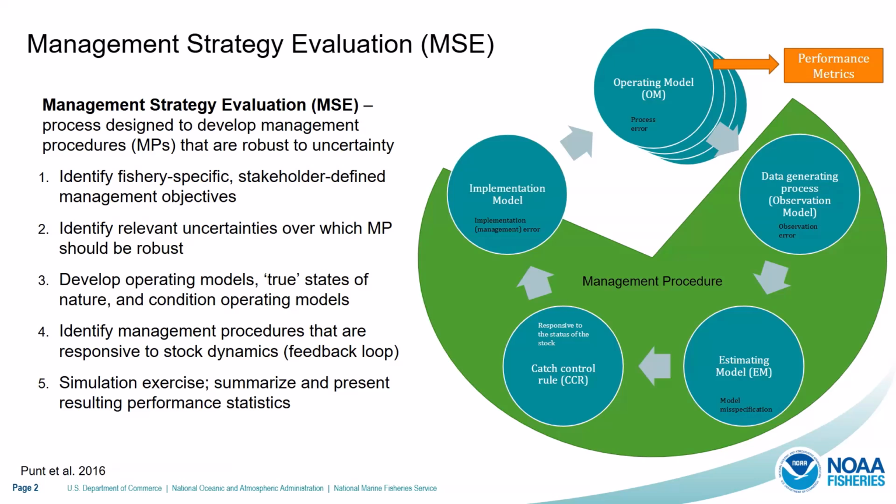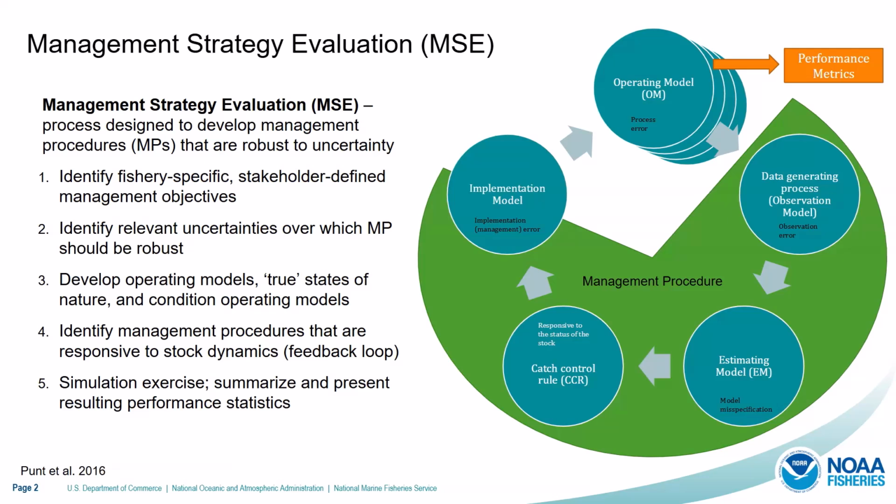Step 2 is to identify relevant uncertainties over which the management procedure should be robust. I think it's no surprise that we don't know everything about our marine ecosystems, and we certainly don't know enough to accurately abstract them into simulation dynamics models. So characterizing uncertainties is a key step. We then use those uncertainties to develop our suite or grid of operating models. Our operating models are sort of simulated truth, and they represent different hypotheses of the underlying dynamics of the resource.